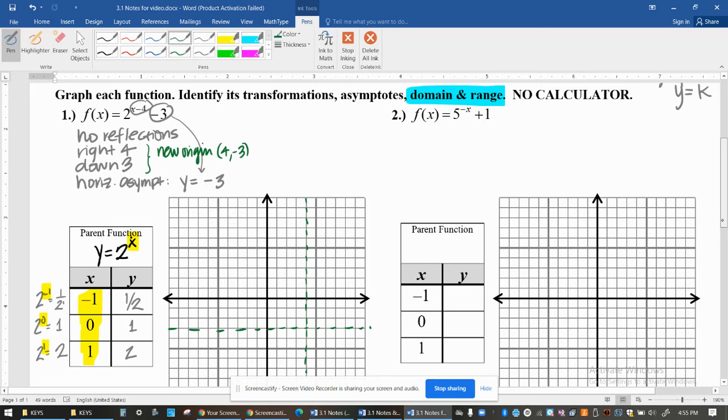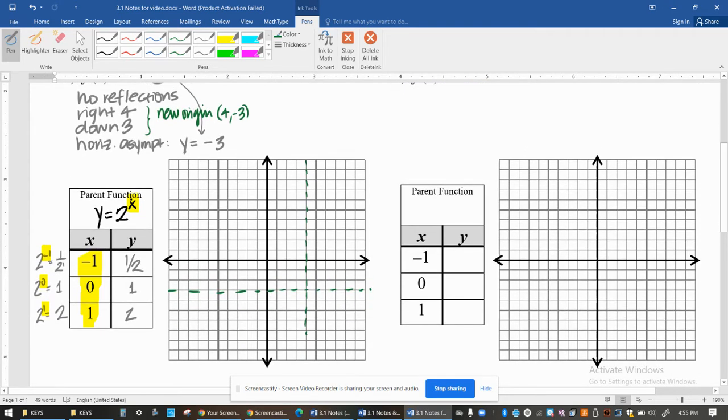Okay, so those are the new location of my origin. So 4, negative 3. And then from there, I can plot my ordered pairs, which are from 4, negative 3. I'm going to plot negative 1 and positive a half, 0, 1. I'm going to do it in red. And 1, comma 2.